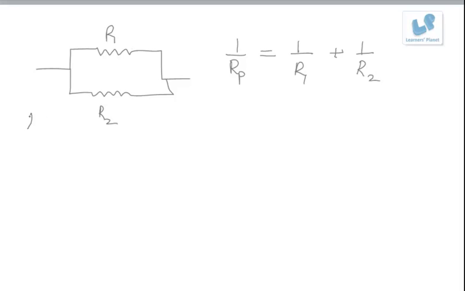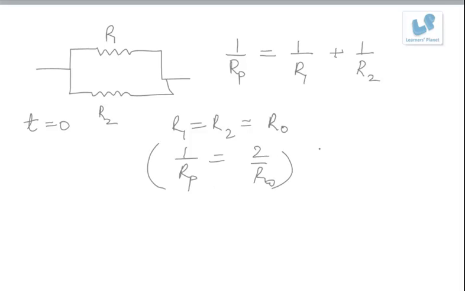Also at T equal to 0 degree centigrade, R1 equals R2 equals R0, therefore resistance in parallel at 0 degree centigrade would have been 2 upon R0, or Rp is equal to R0 by 2.